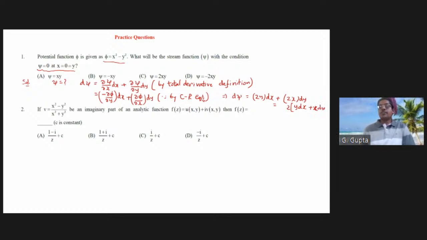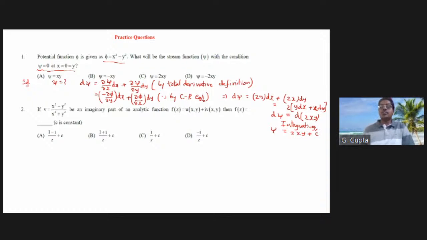So I can write directly d psi is equal to the derivative of 2xy. So integrating, both derivatives cancel, we get 2xy plus c.